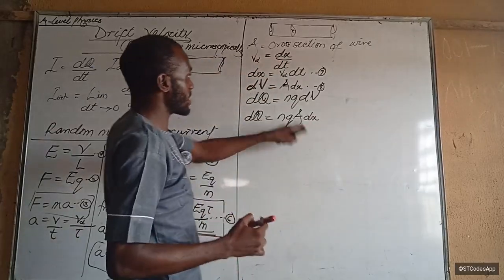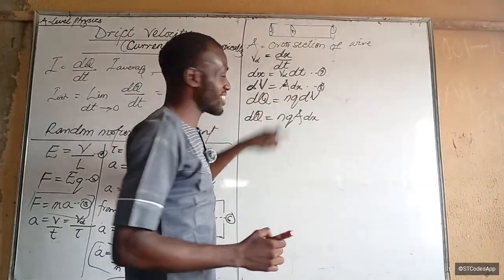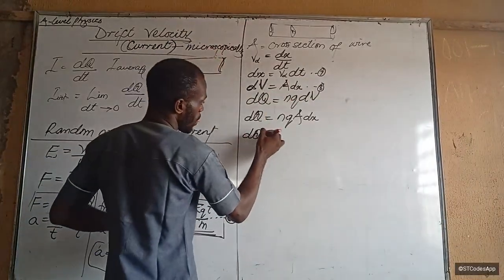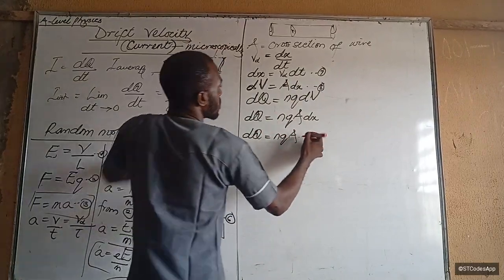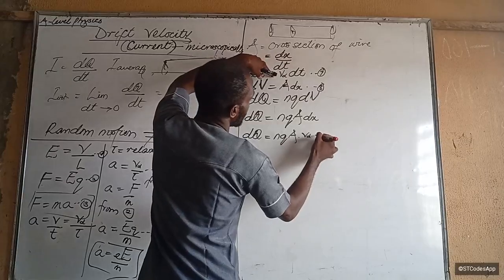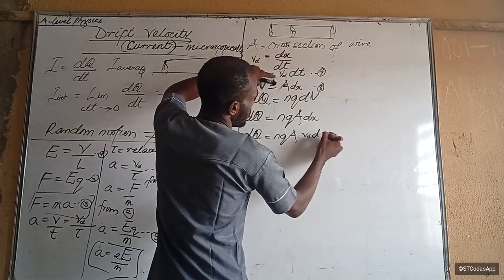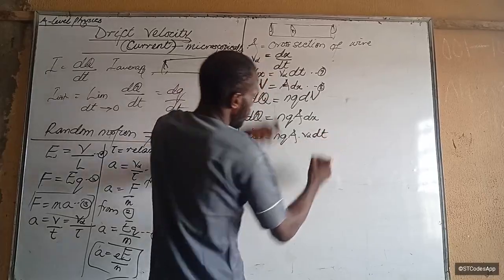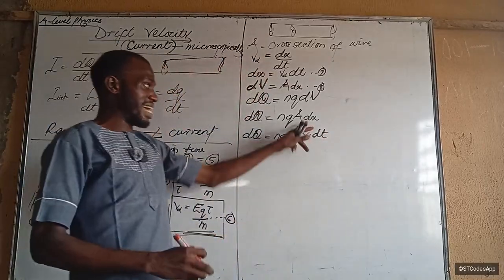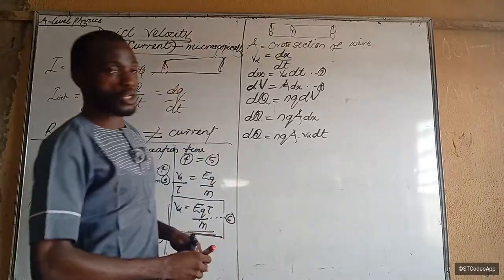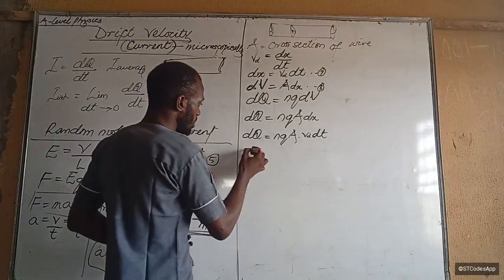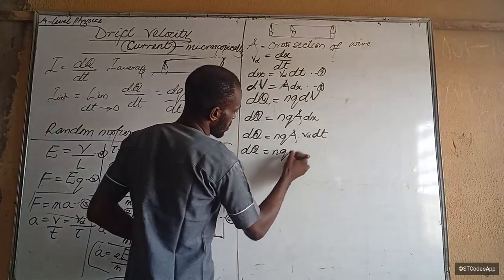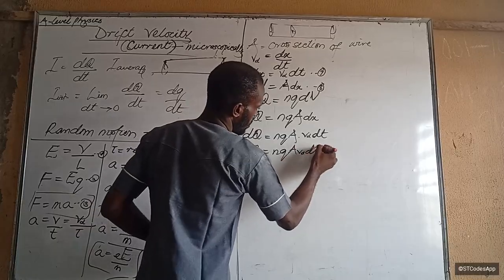Recall again that dx is v sub d dt. Then dq is nqA v sub d dt, keeping in mind that dx is v sub d dt. So our dq is nqA v sub d dt.